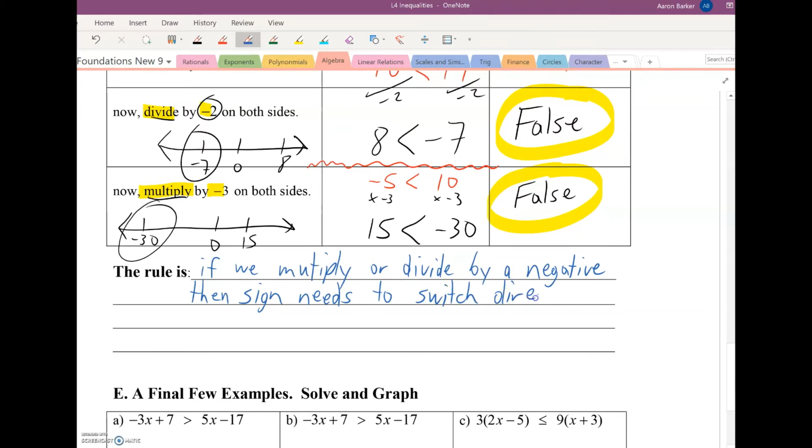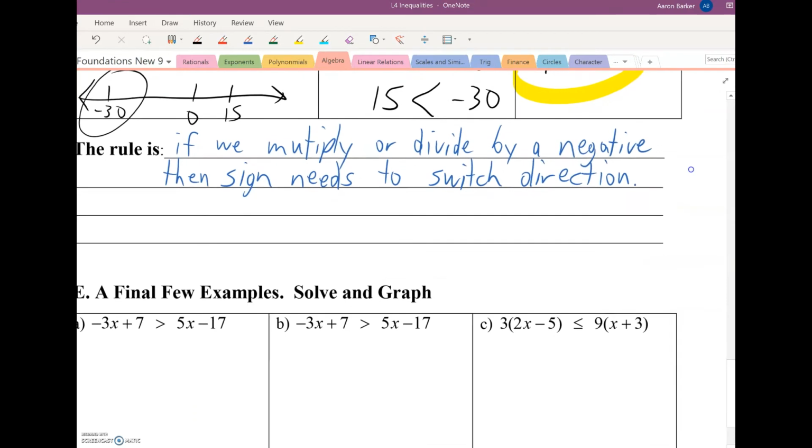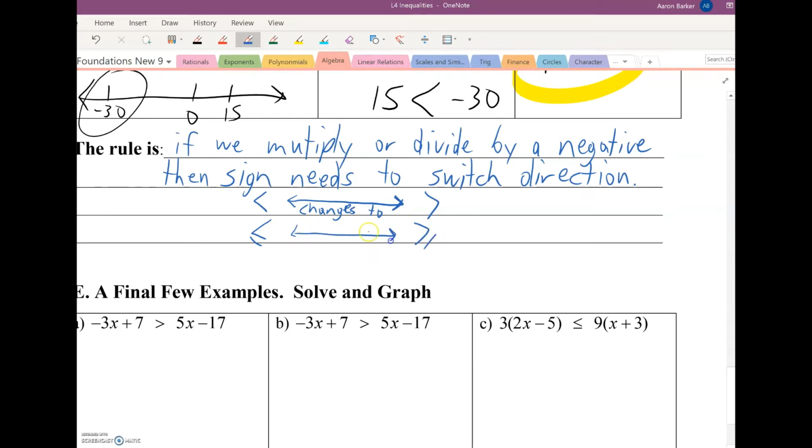So a less than will become a more than, and a more than will become a less than. Or if it's less than or equal to, it becomes more than or equal to. We won't change the whole sign, just the direction. So this changes to this, and if you have this one, that one changes to that one. That's the only thing that we have to worry about.